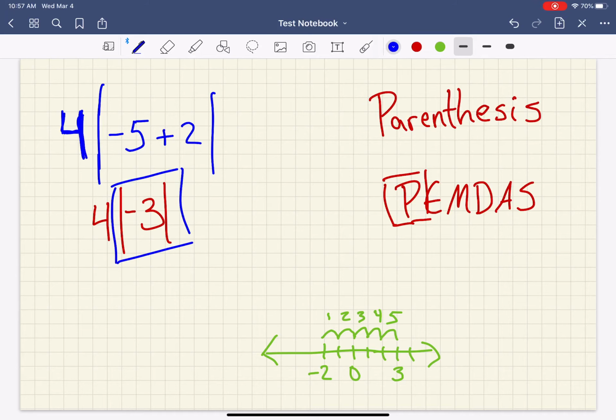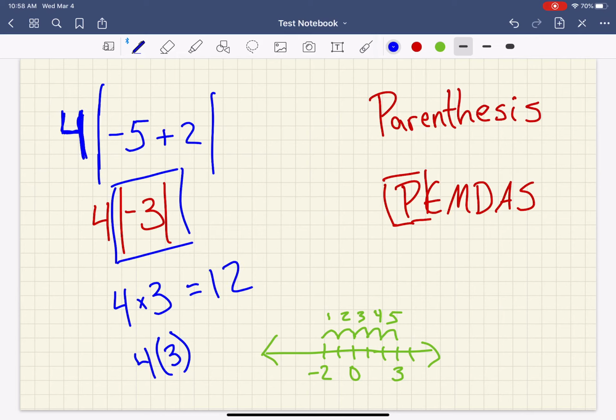So the absolute value of negative 3, of course, is 3, so then we're going to have 4 times 3. It could also be written as 4 parenthesis 3, just means the same thing. Remember, we don't need that multiplication sign. And then 4 times 3 is going to be 12.